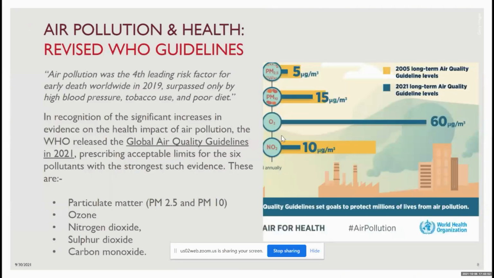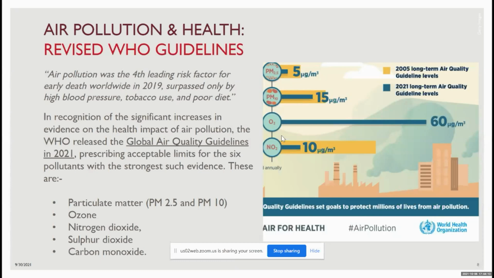All this new information that we've collected over the last 10 years has resulted in the WHO refining and revising its guidelines. What it has really done is bring forth the idea that today we know much more than we did before.